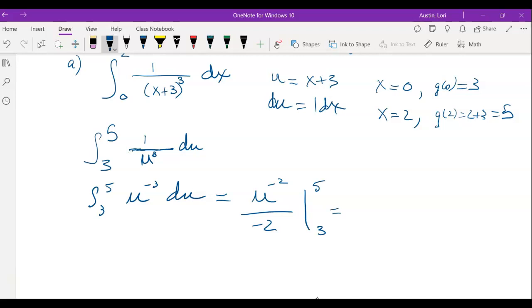So that is, I'm going to move it down, negative 2 u squared, correct? Did I do that right, everybody? Look at my math. U to the negative 2, I move it down, it becomes positive 2. From 3 to 5. So it's negative 1 over 2 times 25 plus, because of the negative, 1 over 2 times 9.